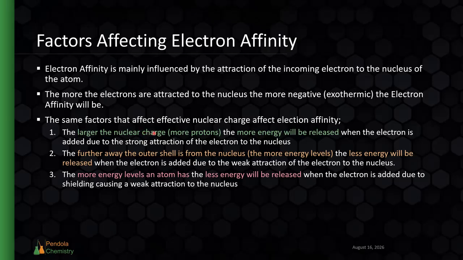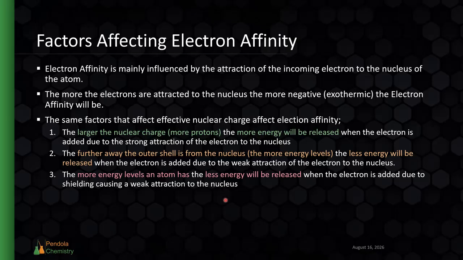The larger nuclear charge, more protons, means more attraction, which means more energy release, more exothermic. The farther away the incoming electron is, meaning the larger the size of the atom, the less energy is going to be released because there's a weaker attraction for the incoming electron to the nucleus. And the more shielding that atom has, less energy is released again because that shielding is going to cause a weaker attraction. Weaker attraction means less energy released.